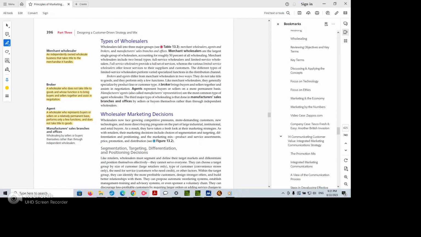And then also the manufacturer sales branches and offices, that is, wholesaling by sellers or buyers themselves rather than through independent wholesalers. Okay, so that's where we have a consolidated situation where the manufacturer can also be the wholesaler.